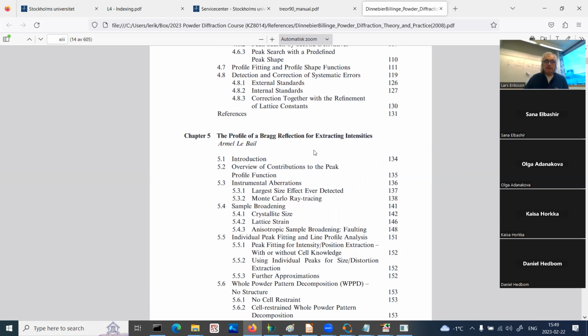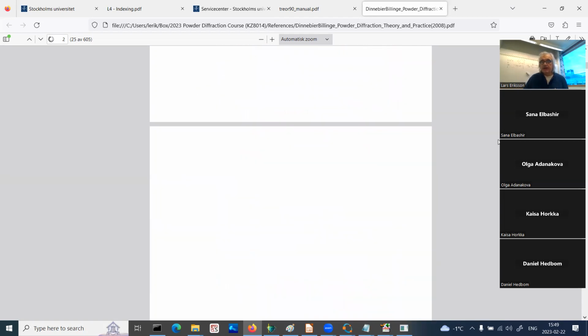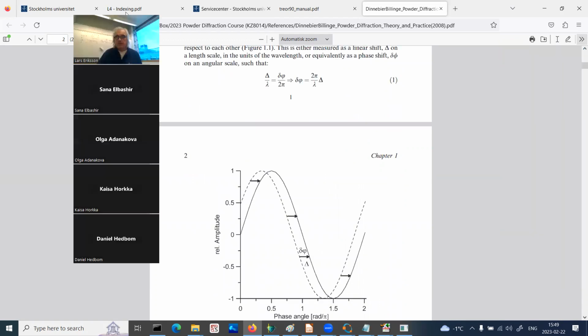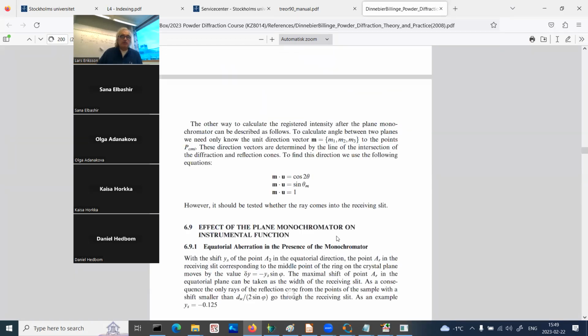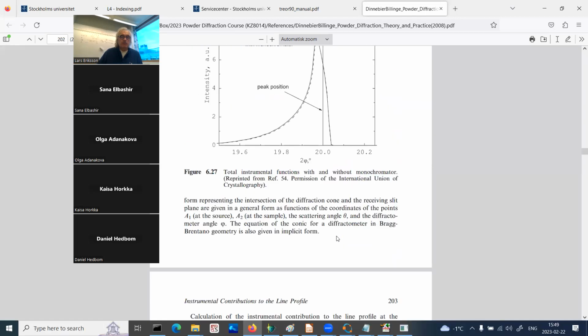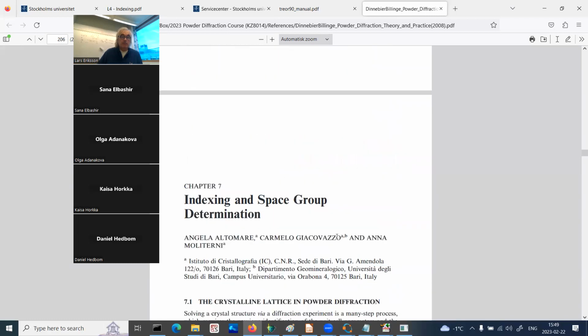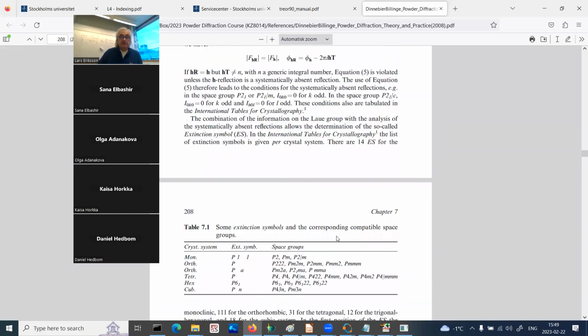But I mean, if you go to this bit inside, now let's see. Yeah, here is indexing and space group determination.